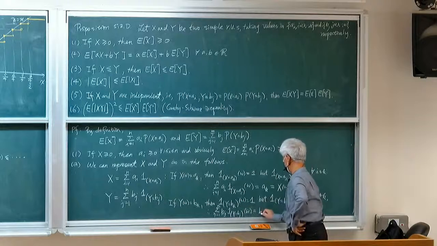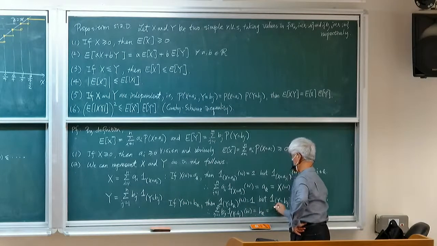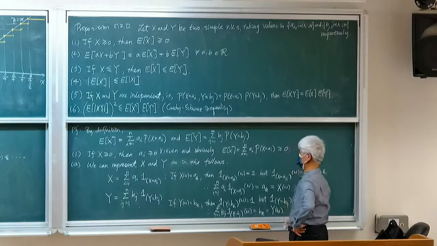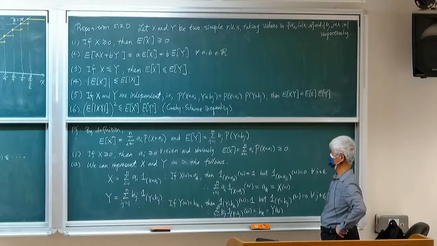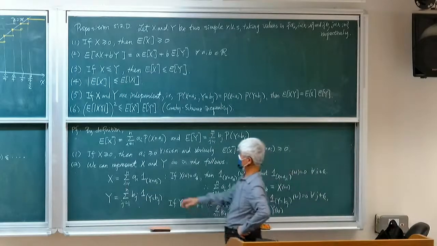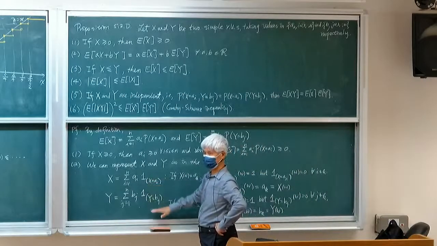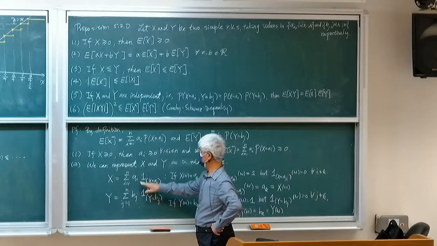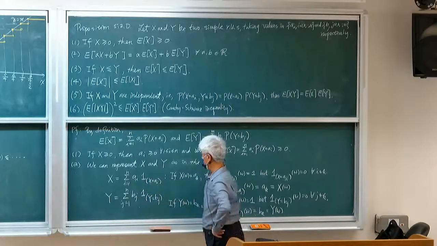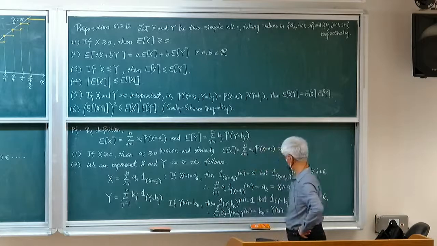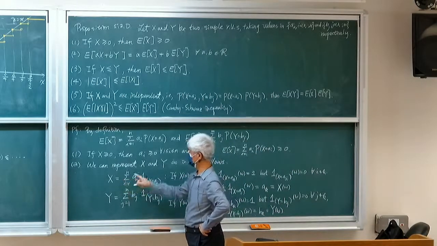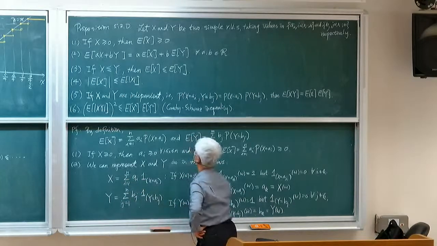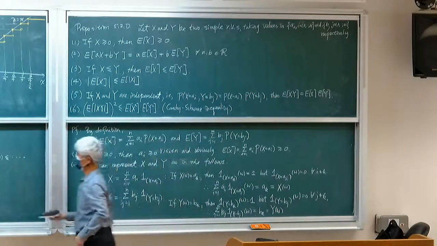So we have bk, which is just equal to Y of omega. So this is the representation: we can use the indicator to represent a simple random variable.